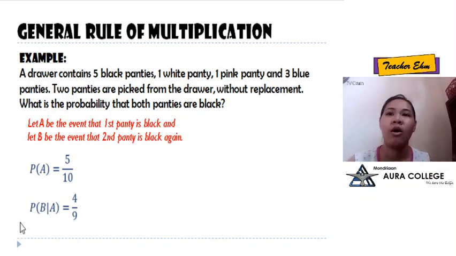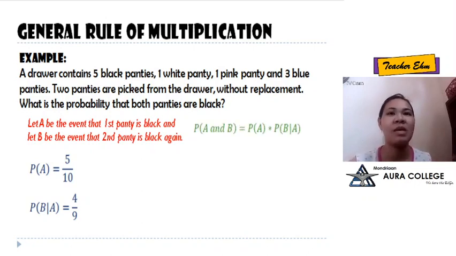Probability of B after A. Dahil nakakuha na tayo ng isang black panty, yung 10 mababawasan ng isa, magiging 9. At yung 5 mababawasan ulit ng isa. So the probability of B after A is 4 over 9.